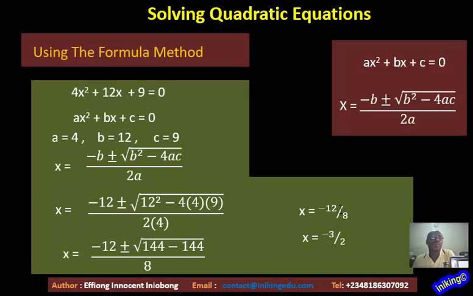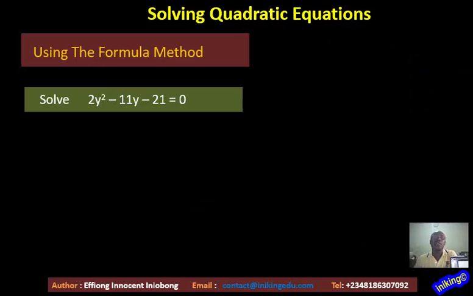We'll take another problem, still on the formula method of solving quadratic equations. Now here we have 2y squared minus 11y minus 21 equal to 0.